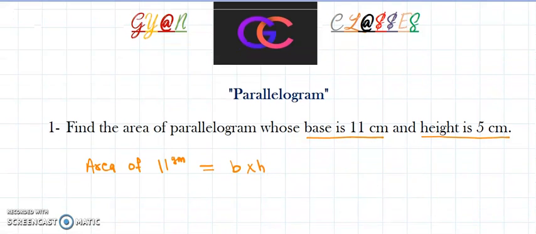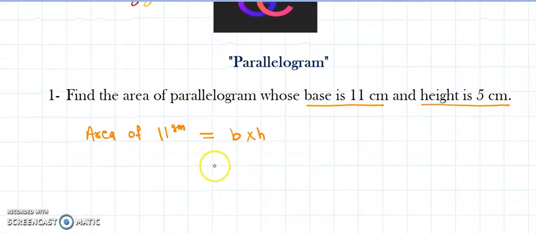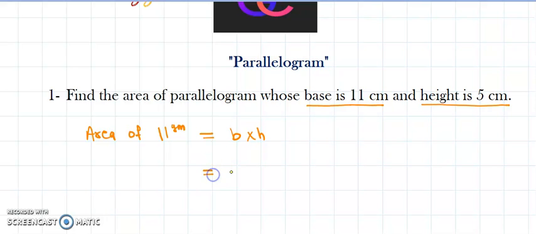So we just substitute the values of base and height properly in the formula. The base is given as 11 centimeter and the height as 5 centimeter. The next and last step is the multiplication of the two numbers. 11 multiplied by 5 is 55 centimeter square.